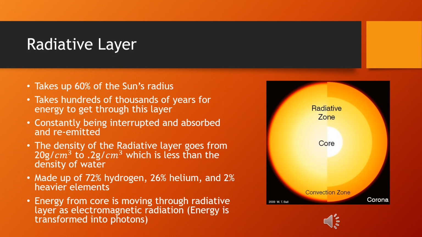So since these particles are so packed together and tight in that zone, it takes forever for the light to get through there because they're constantly bouncing off of different particles, even though they're moving at the speed of light. And the energy in the radiative core, or the radiative zone, is electromagnetic radiation.